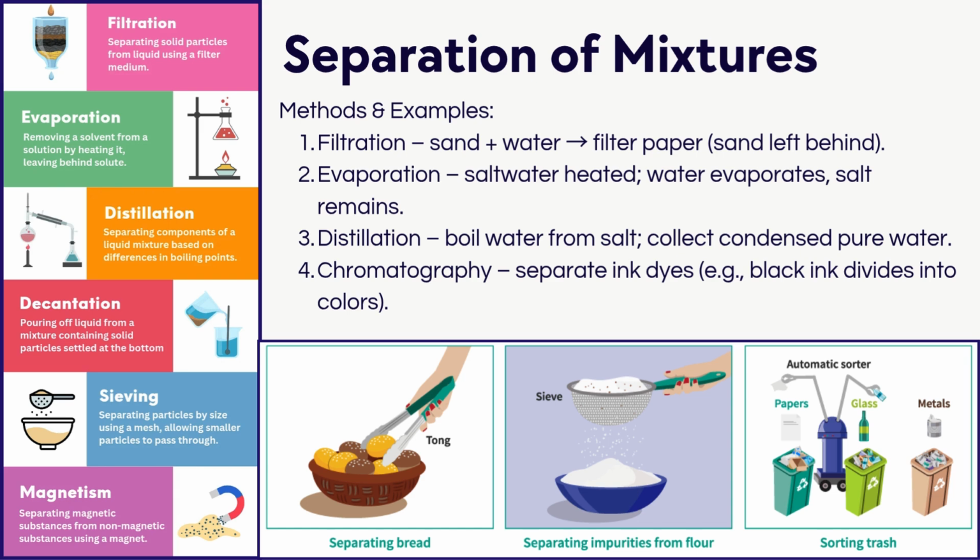You need to know what each separation method is and why we use a certain separation method for a certain mixture. Remember, any mixture can be taken apart, but if it's an element itself, it can't be taken apart. A mixture is lots of elements mixed together.